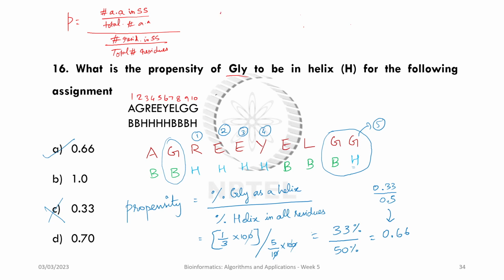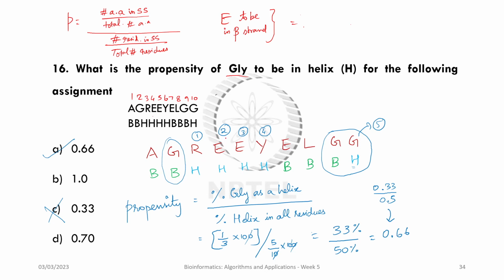Now let's do what is the propensity of tyrosine to be in beta strand. Okay, let's do glutamic acid then. Now I have spread this out so it is easier for us to see.